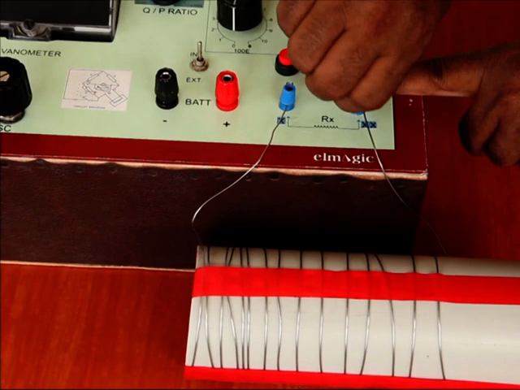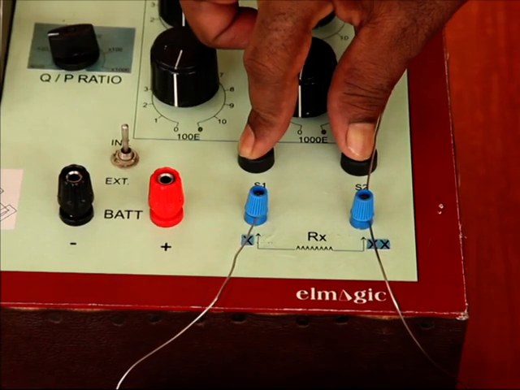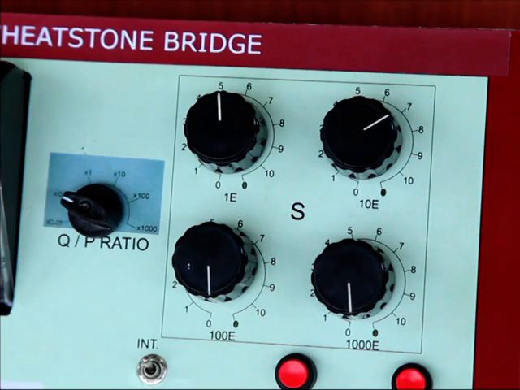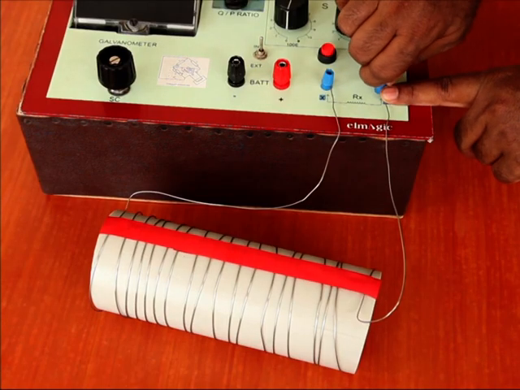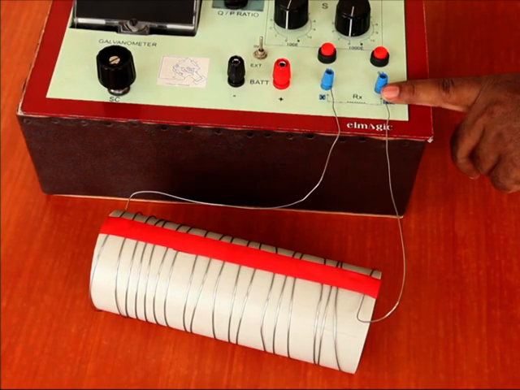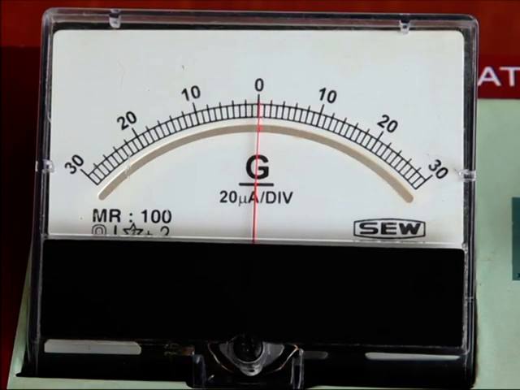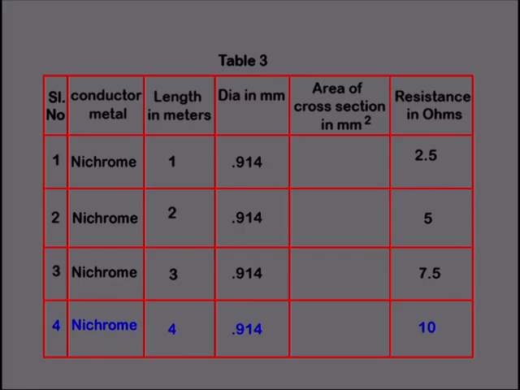Measure the resistance between 3 meters. Enter the values in Table 3. Measure the resistance between 4 meters. Enter the values in Table 3.